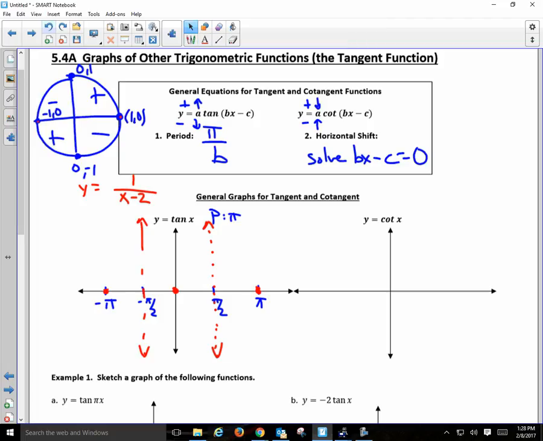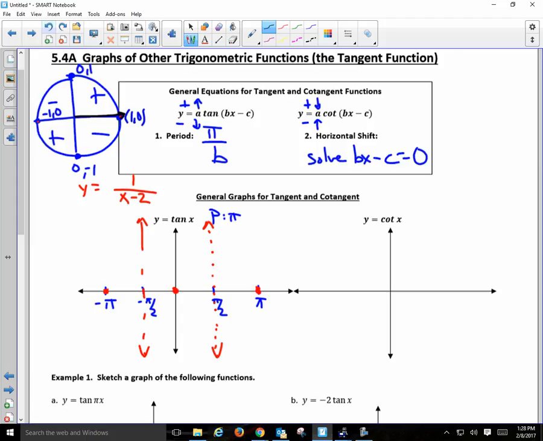Now let's think of the shape. Again, the x values will refer to our angles. And if I have a very small angle, remember tangent is y divided by x. Is the tangent of a small angle going to be a small number or a big number? Small number, because tangent is like the slope, right? And the slope of a line that looks like that is going to be very small.